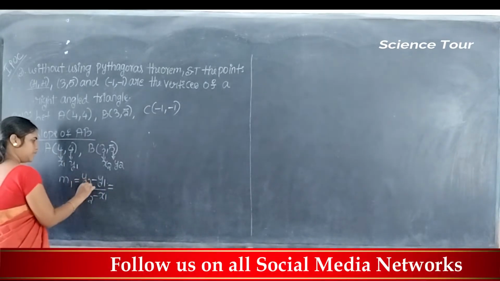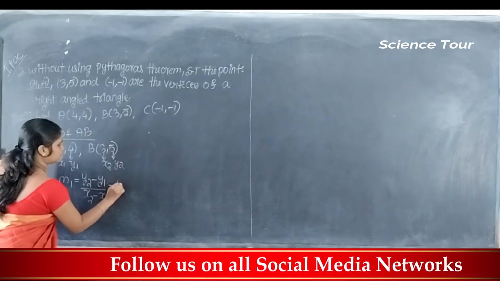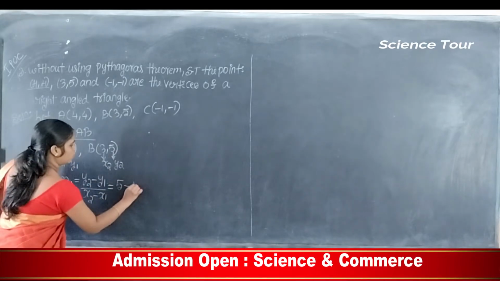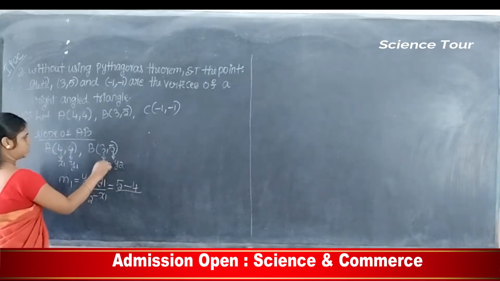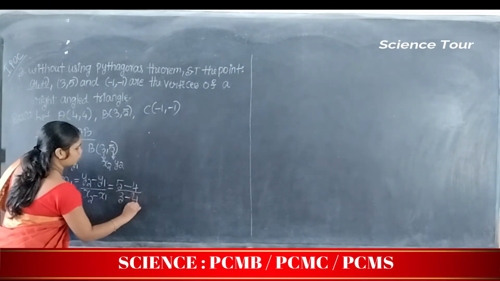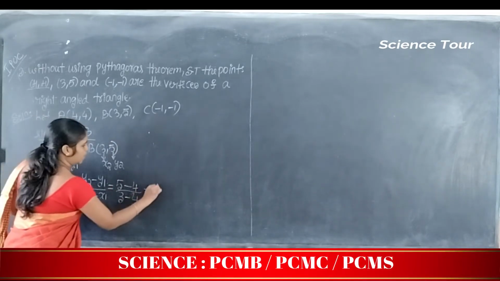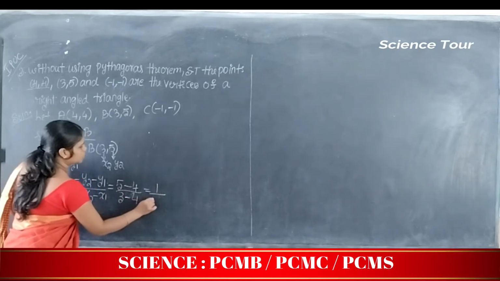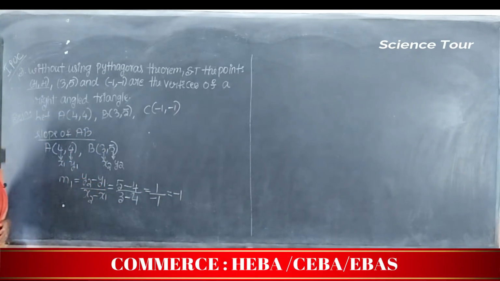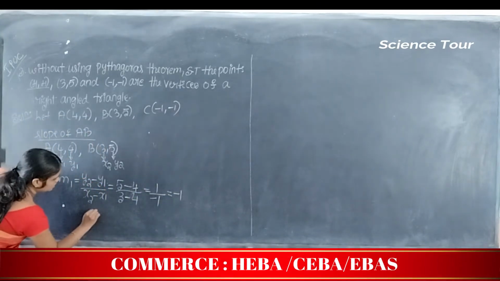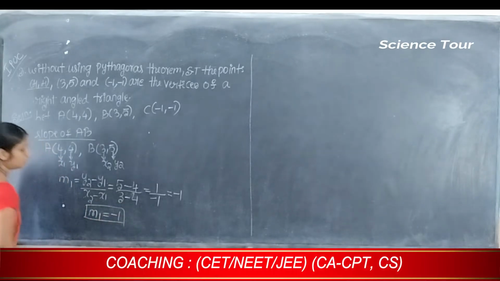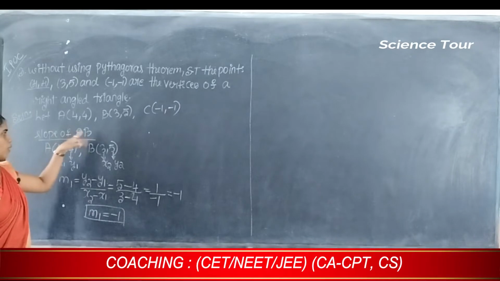Now substitute y2 = 5, y1 = 4, x2 = 3, x1 = 4. So this is equal to (5 - 4)/(3 - 4) = 1/(-1) = -1. Therefore m1 = -1, where m1 is the slope of AB.